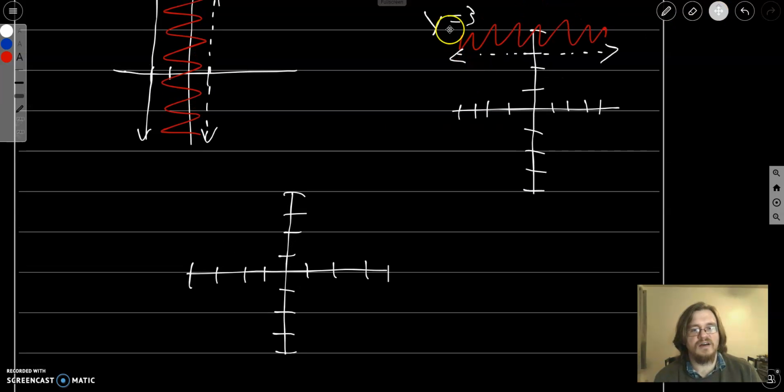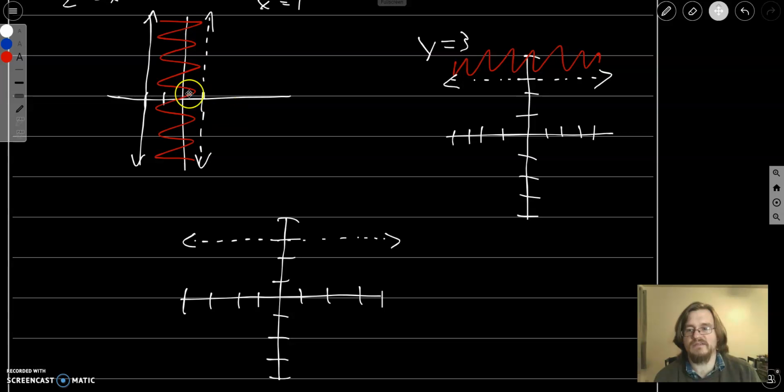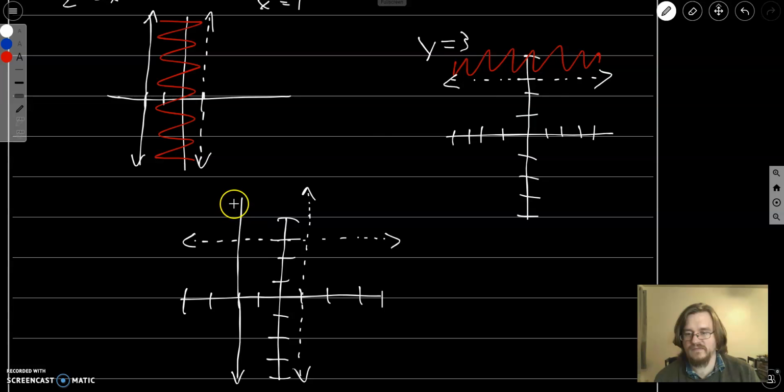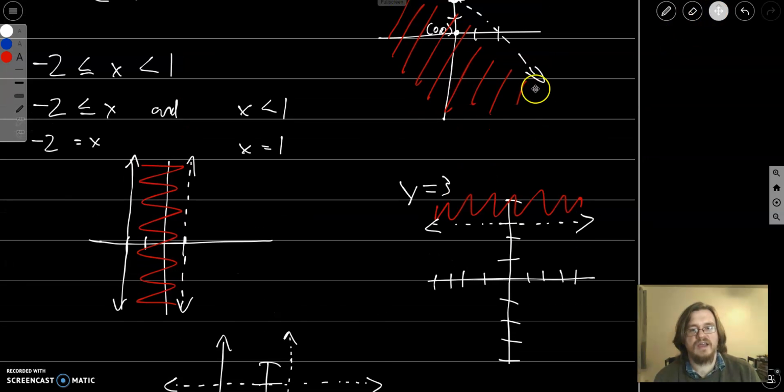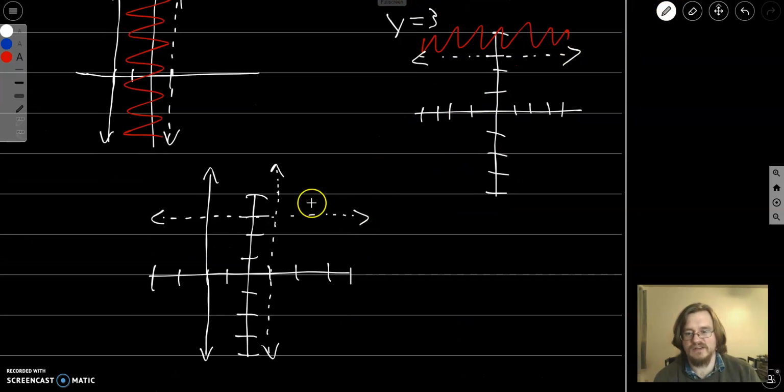We have the line y is equal to 3, a dotted or dashed line, I suppose it doesn't matter. We have the line x is equal to 1, and the line x is equal to negative 2. And we have the line y is equal to negative x plus 2, and that was the dotted line.